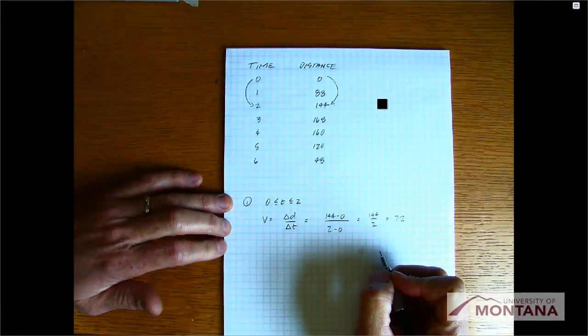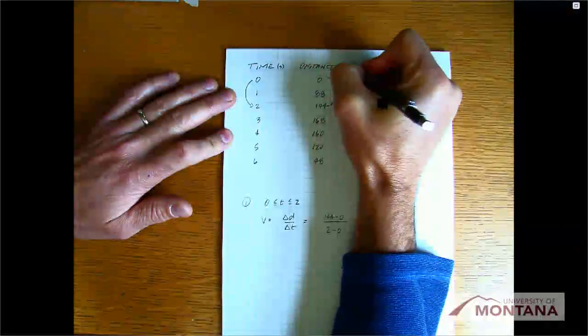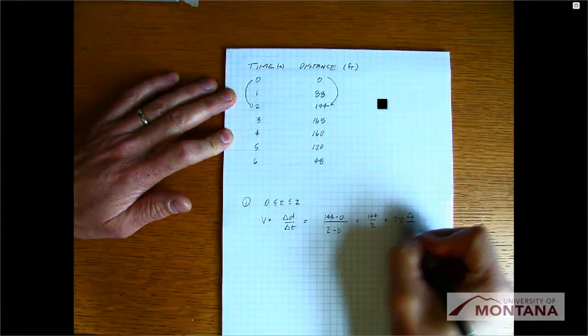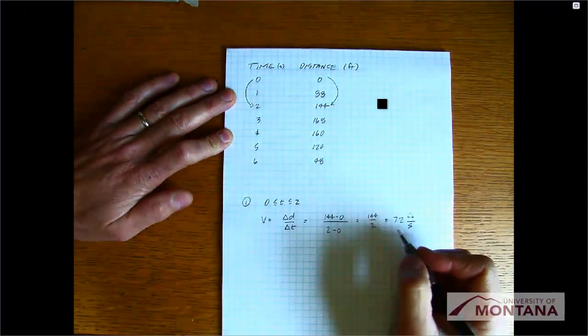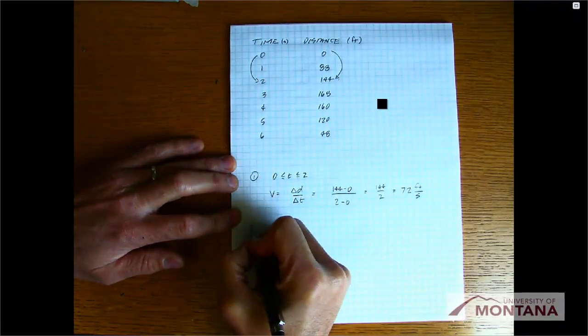Now let's think in terms of units. Time is in seconds and distance was in feet, so the change in distance would be in feet and the change in time would be in seconds, so over that interval it's traveling at an average velocity of 72 feet per second. Okay, let's try the next question.